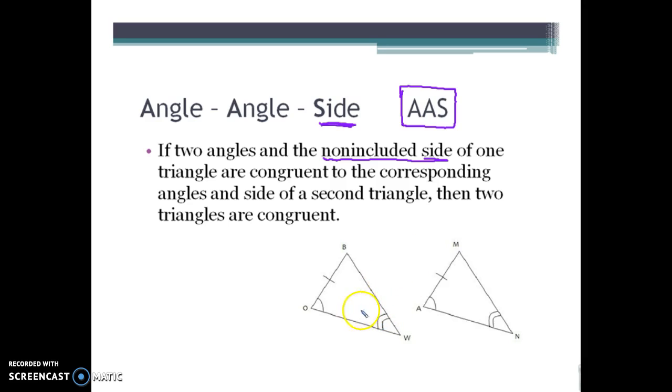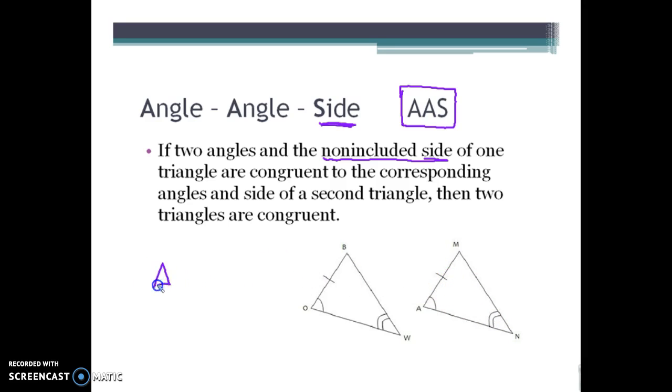So if we look down here, we've got triangle BOW again. We've got angle O is congruent to angle A. Angle W is congruent to angle N. And side OB is congruent to side AM. Now this side is only touching angle O. It's not touching angle W. It's opposite of angle W. And this side over here, AM, is opposite angle N. So this is a non-included side.